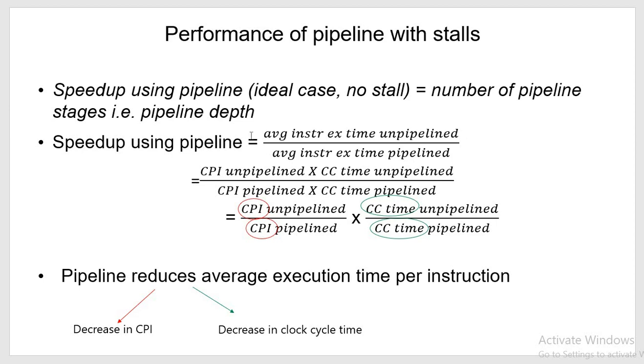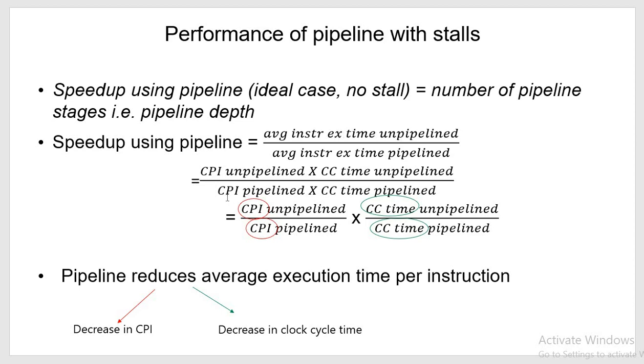If we bifurcate it with respect to the clock cycles per instruction and the clock cycle time, it can be rewritten as CPI unpipelined, where CPI is clock cycles per instruction, times the clock cycle time of the unpipelined structure. That is the average instruction execution time.